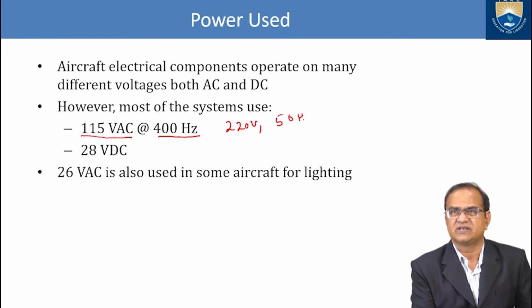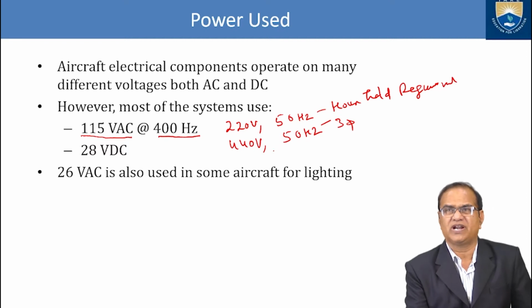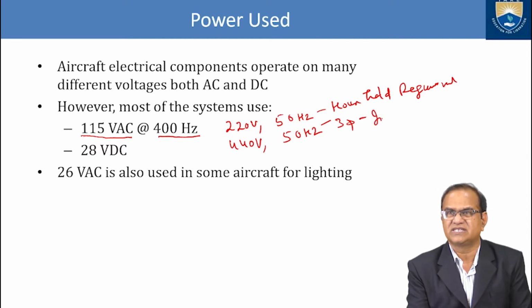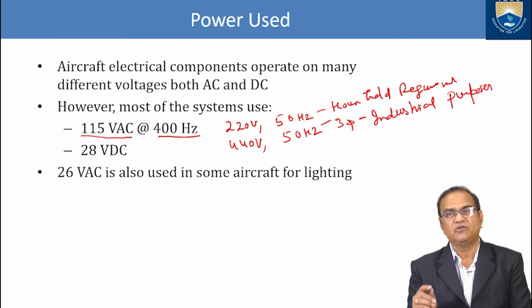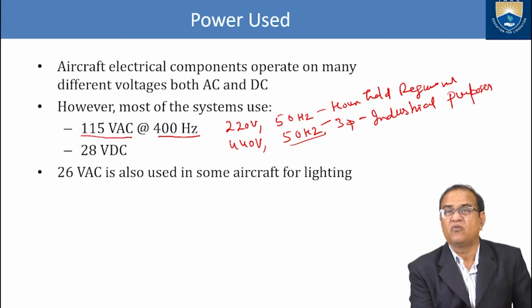50 hertz. And for industrial use, three-phase power, we use 440 volt and 50 hertz. Why do we use only 50 hertz here, but in aircraft we use 400 hertz?